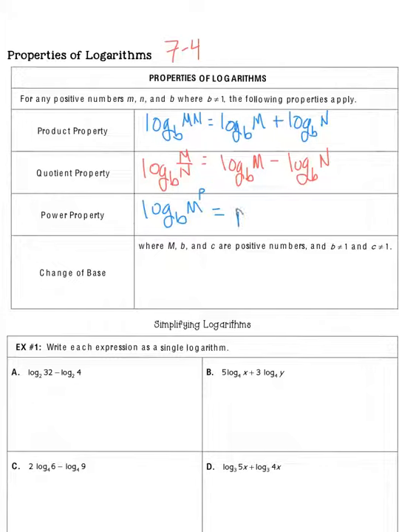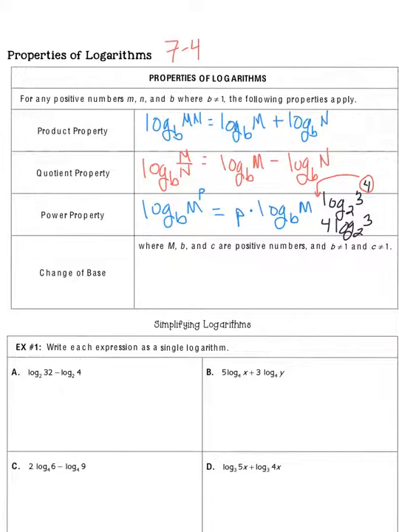So you would take the exponent, that power, and multiply it to the log base b of that item. So for instance, you might have log base 2 of 3 to the 4th. And so what this says is I can take that 4 and loop it out in front, and I would have 4 log base 2 of 3.